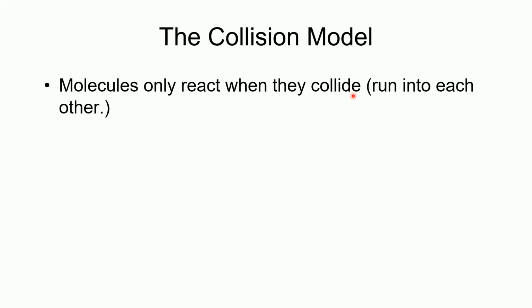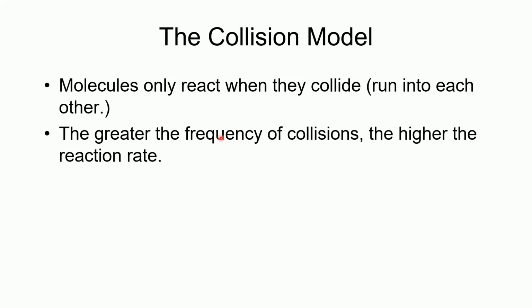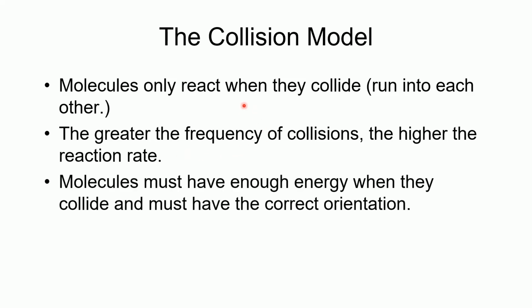So molecules have to run into each other in order to react. We'll find that the more often they run into each other, the faster the reaction is going to be. On top of that, the molecules have to have enough energy when they run into each other, and they need to have the correct orientation. If they don't have the correct orientation, then they might not react.